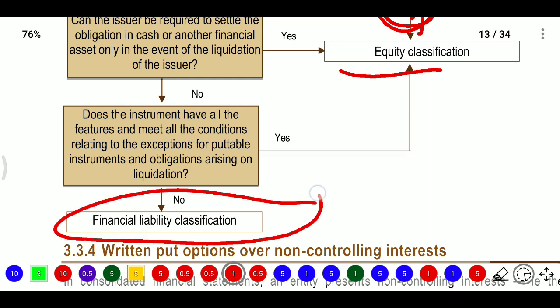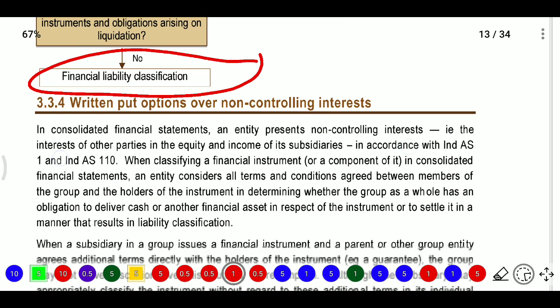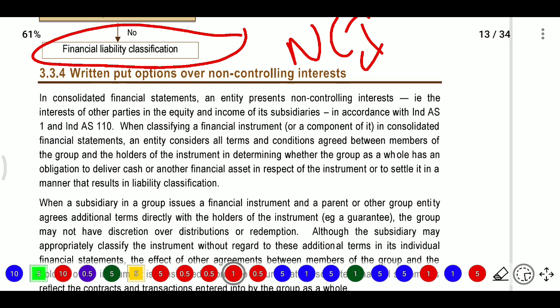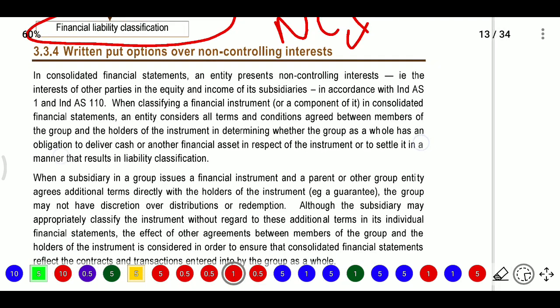If not, then it will become a financial liability classification. Next, written put options over non-controlling interest, NCI. In the consolidated financial statements, an entity presents NCI, that is, the interest of other parties in the equity and income of its subsidiaries, in accordance with Ind AS 1 and Ind AS 110.